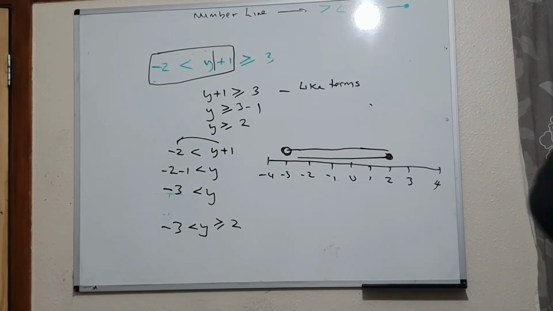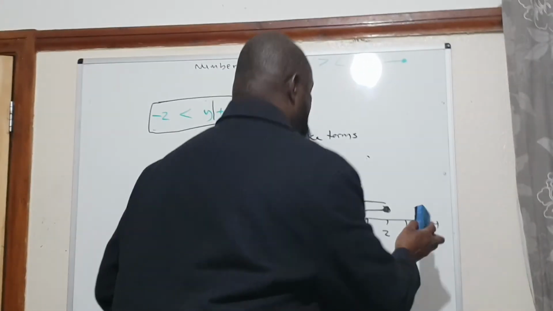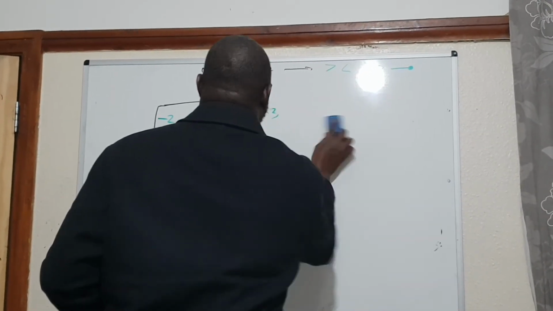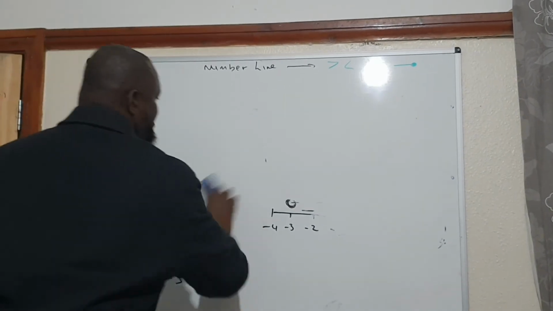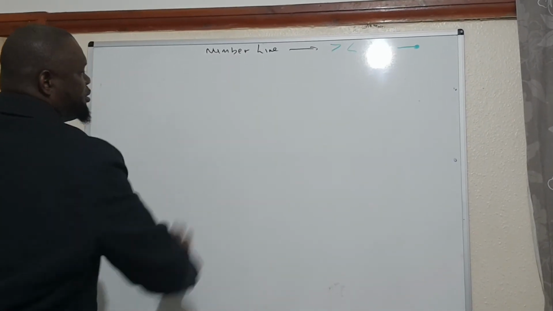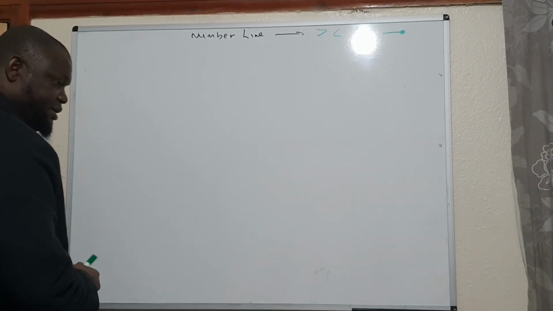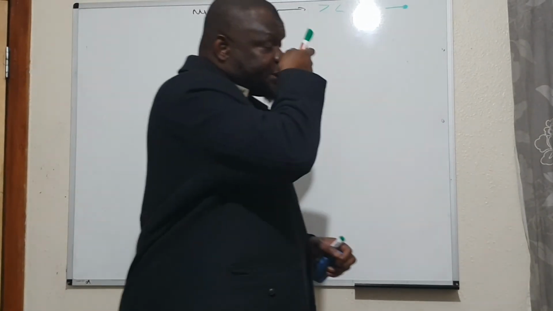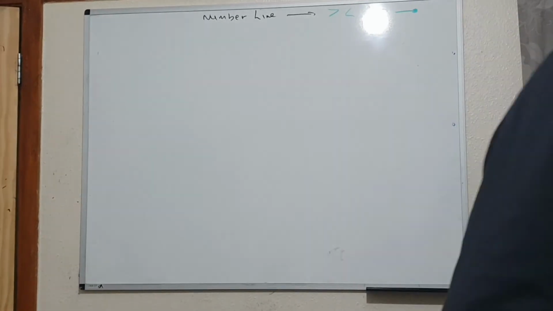Shall we do order of operations? Do you think we should do order of operations? BODMAS, yes. Shall we do it or we jump that one? I think we jump that one, yes? And then we go to fractions, yes? And we do all fractions.